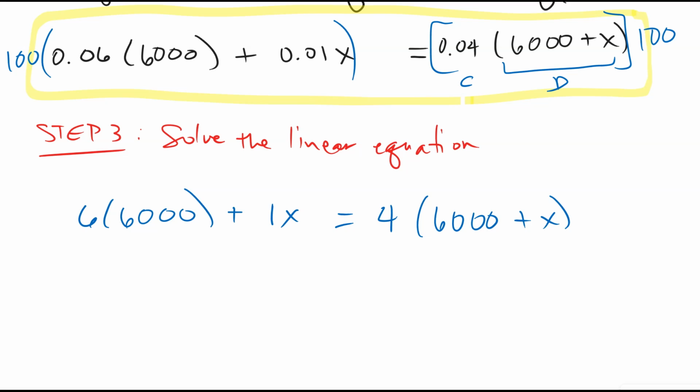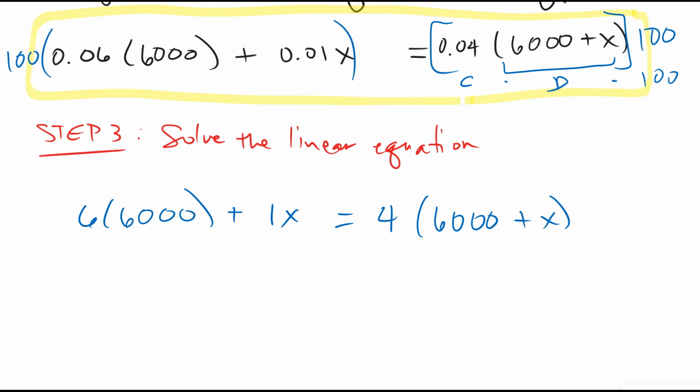So we don't distribute over multiplication. So this is something times something. Now D itself is addition. So we would distribute C over D, but we're not going to distribute the 100. This is just multiplication, C times D times 100. So 100 just gets multiplied through one time. So careful for that error.